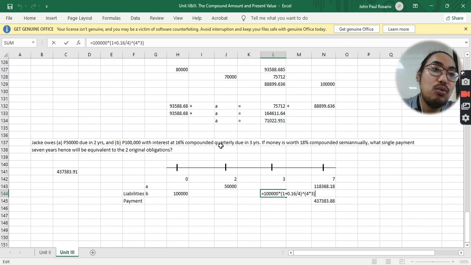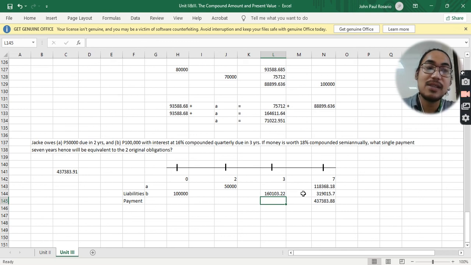We raise that to 12 because 4 quarterly times 3 years. So 12 periods. Again, the present value or the principal or the face value, we multiply that by 1 plus i over m, or 0.16 over 4, we raise that to m times t, or 4 times 3. This should give us a maturity value of the liability at 161.03. After getting that maturity value, we now have to solve that.